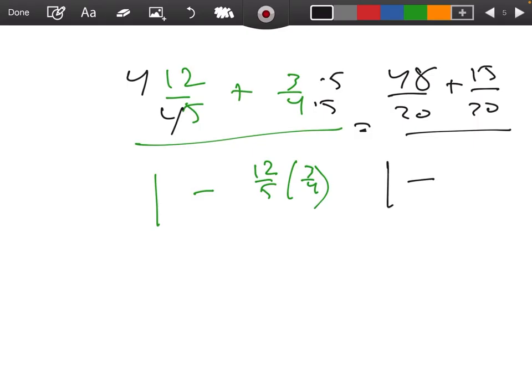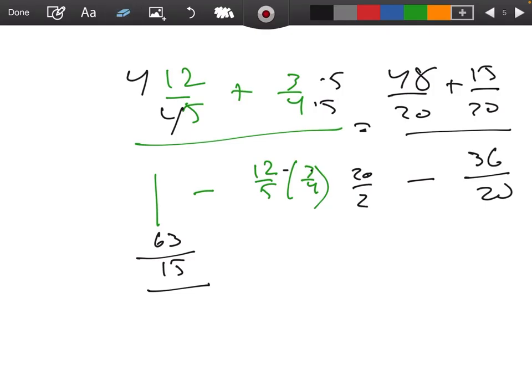Then 1 minus, 12 over 5 times 3 over 4, so 12 times 3 is 36 over 20. 48 and 15 should be 63. I can think of this 1 right here as 20 over 20. I know it's a 1, but I can think about it like that. That gives me a negative 16.